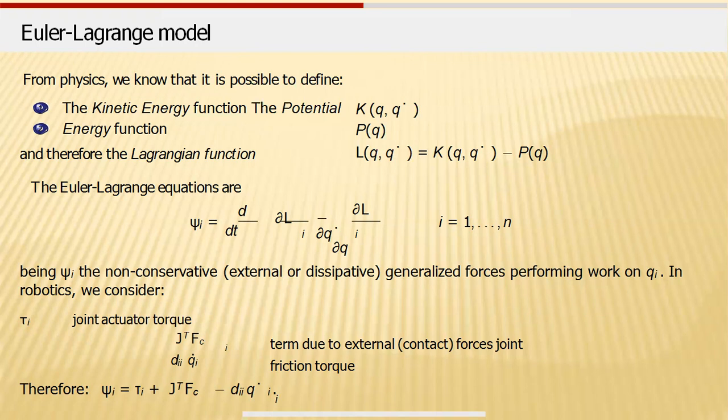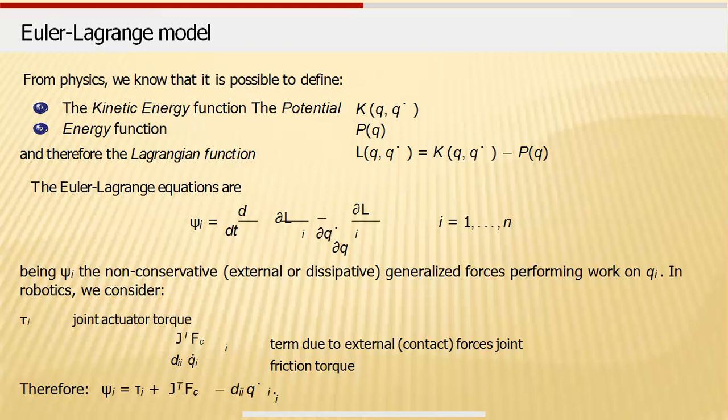Therefore, the Lagrangian function L of Q comma Q dot is equal to the difference of the kinetic energy function K of Q comma Q dot minus the potential energy function P of Q.